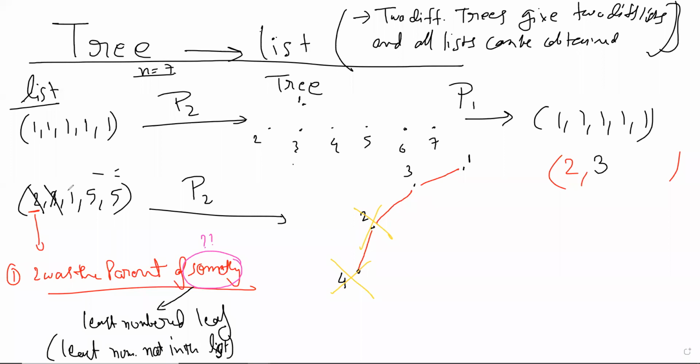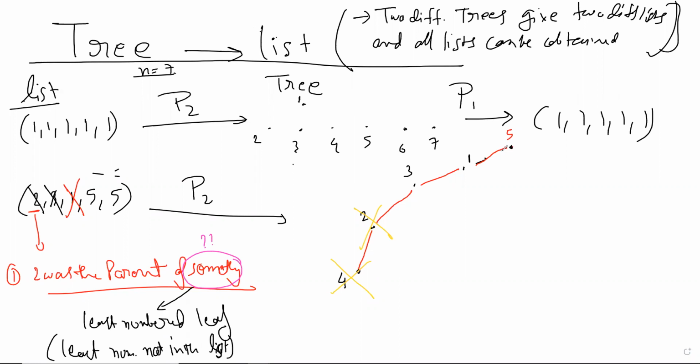Okay, let's complete it. So 1 is gone. Now 5. Obviously, 5 is the parent of 1, right? Oh, sorry, I messed up the colors. This and this is black.